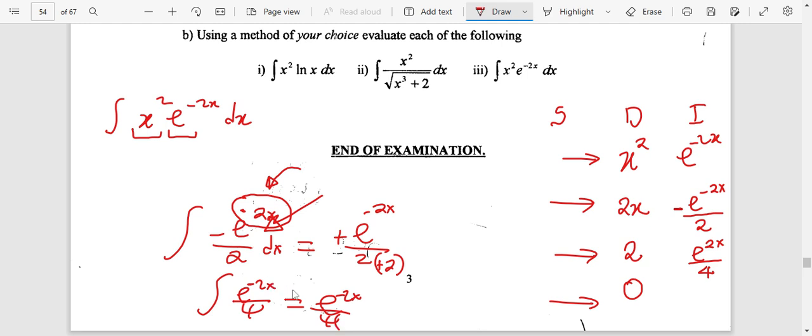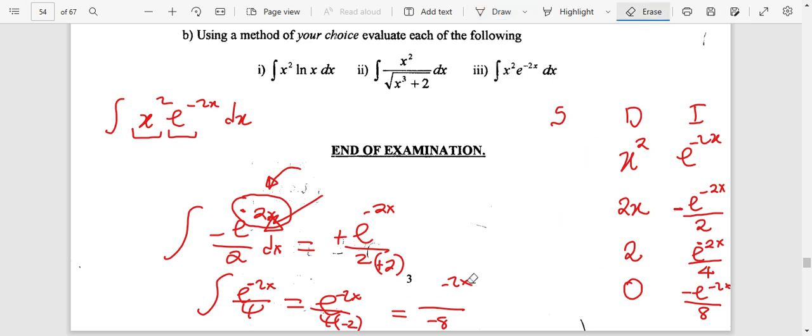And then the same negative 2 which is on top, I'm going to divide by it. So that will give us e to the power negative 2x over 4 times negative 2, that will give us a negative 8. But the negative, I'll just put it on top. So this will be negative e to the power negative 2x, and then divided by 8. So this is what we're going to do. When we reach this level, well and good.